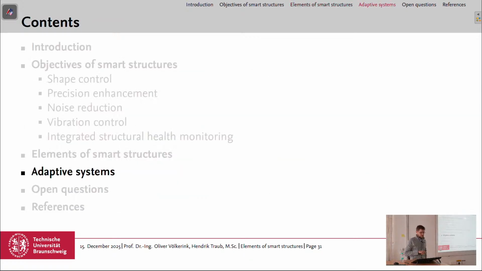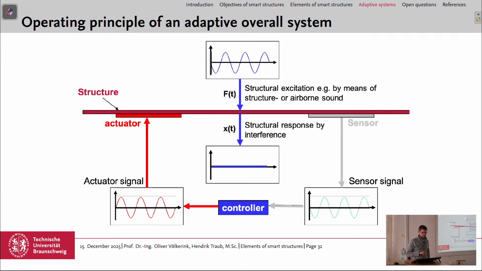So now we will have a look at adaptive systems. A schematic of the operating principle of an adaptive system or the overall system. We already saw it at different examples, but you have a load-bearing structure, which is also the difference to mechatronics, that actuators and sensors are integrated into the load path.